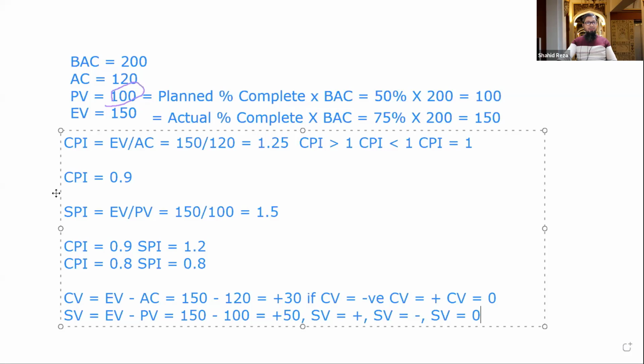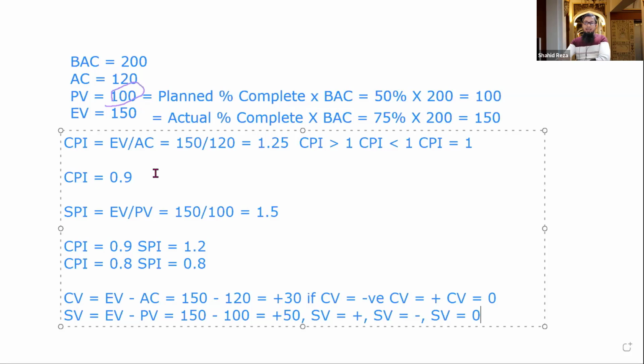So based on these four variables, we find four formulas. And you have to memorize these formulas. I always prefer and always say that you should not memorize anything, but for math formulas, you have to memorize them.